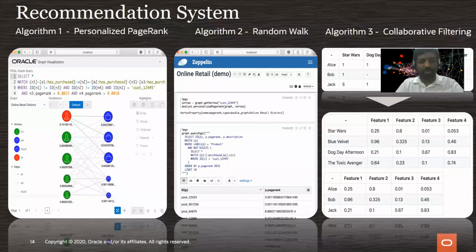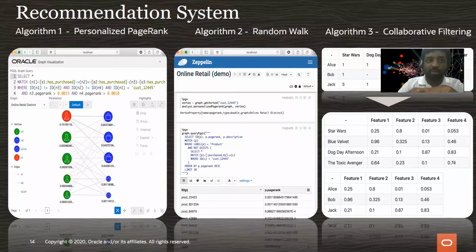So let's take an example of personalized page rank, which can be run on top of it. Page rank basically works based on the ranking of the various nodes. Let's say, for example, you have customers and products. The higher the page rank for a product, the higher the possibility of that particular product being recommended to a customer.